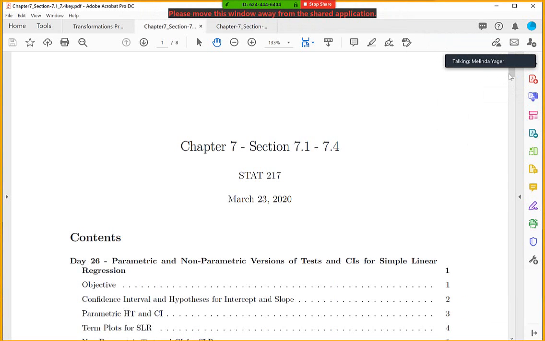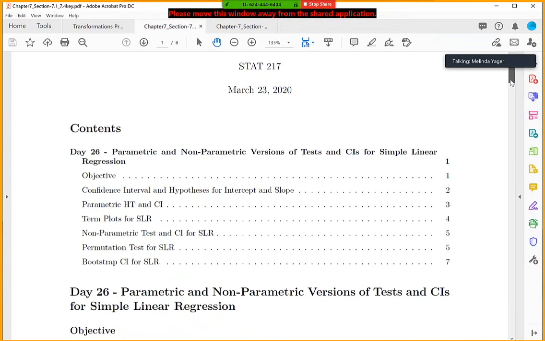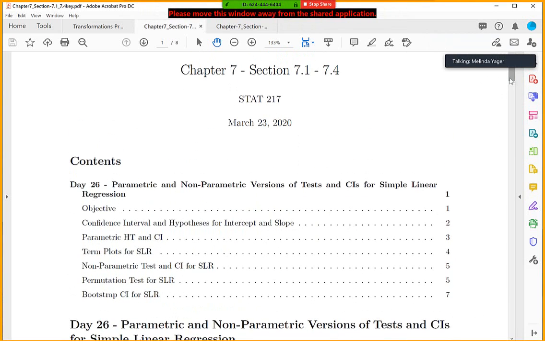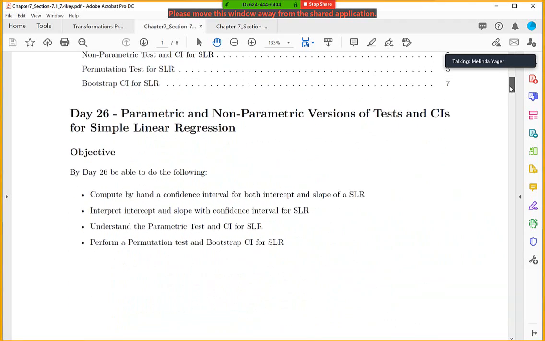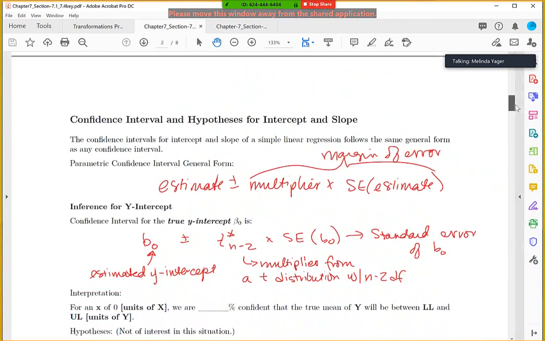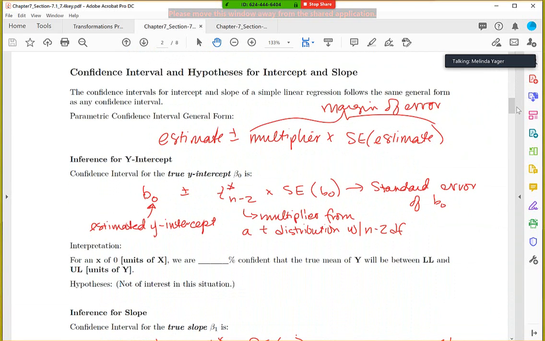All right, so on Monday, the material that was covered in sections 7.1 to 7.4 was over parametric and non-parametric tests and confidence intervals for simple linear regression. Some things we looked at is using R as a calculator to create a confidence interval.